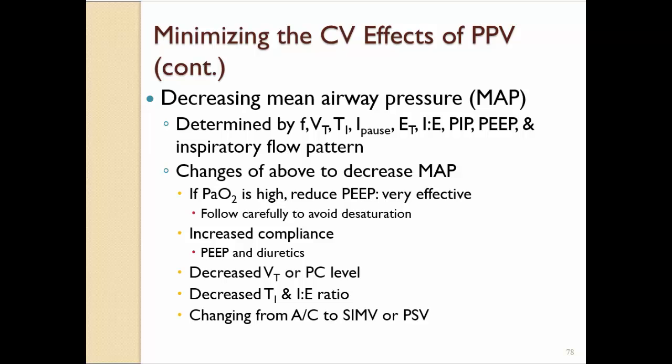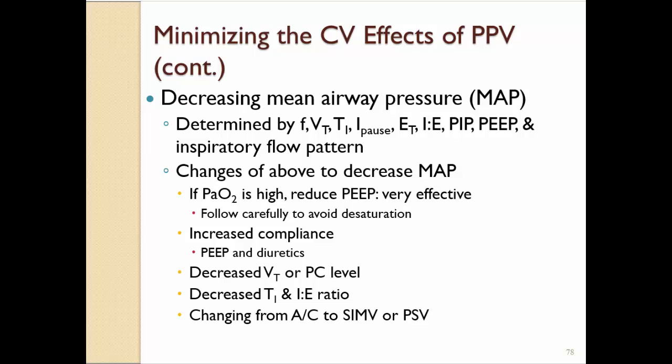So if the PaO2 is high, reduce the PEEP and follow carefully to avoid desaturation. We have to oxygenate them, right? So we can't turn down the PEEP to where they're going to desaturate. Increase compliance. You can also increase the PEEP there, and use of diuretics will also improve that.